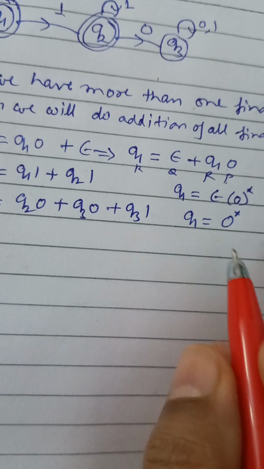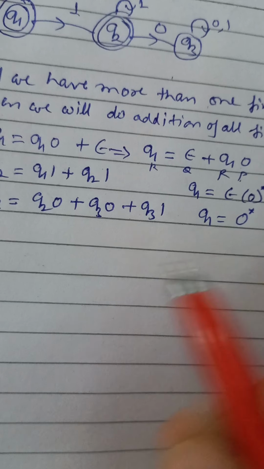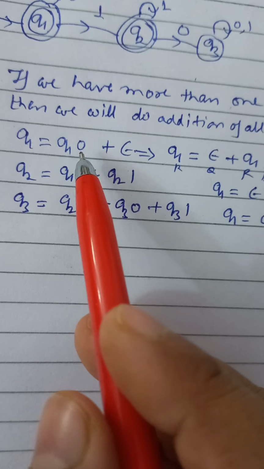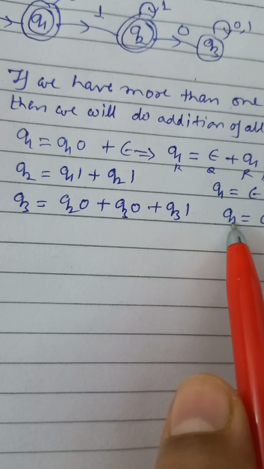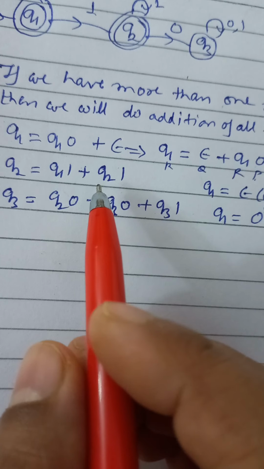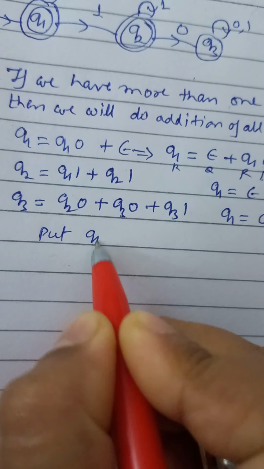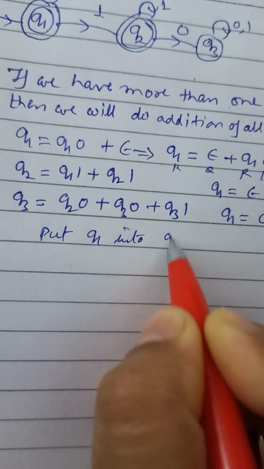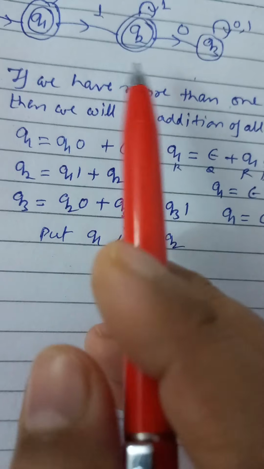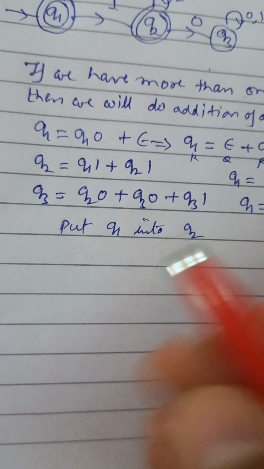So now we get the Q1 value from here, so we will put Q1 into Q2. We need to find out Q1 and Q2 both, and after that we need to combine them. We know the Q1 value, so now we need to find the Q2 value.